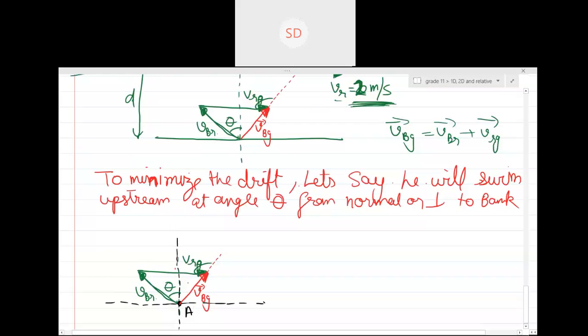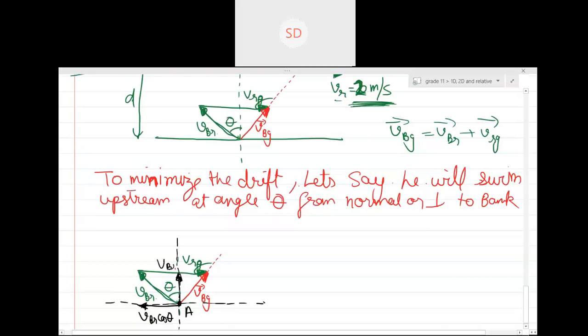And can you see over here? Now I can resolve it into two different parts. Can I resolve this thing as VBR cos theta and this as VBR sin theta?